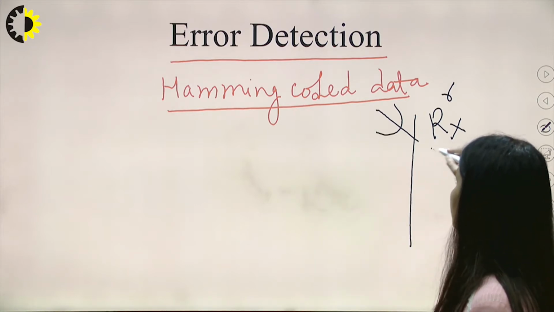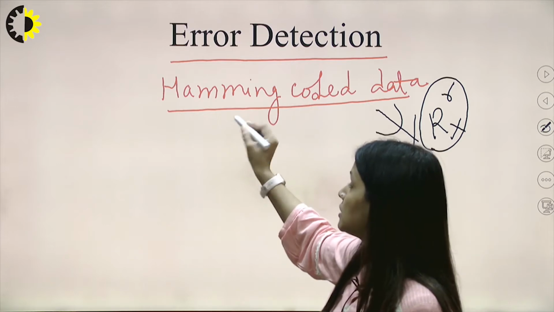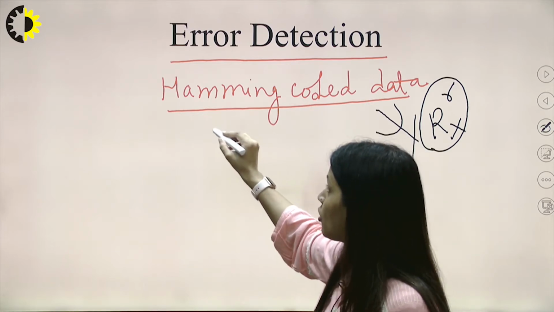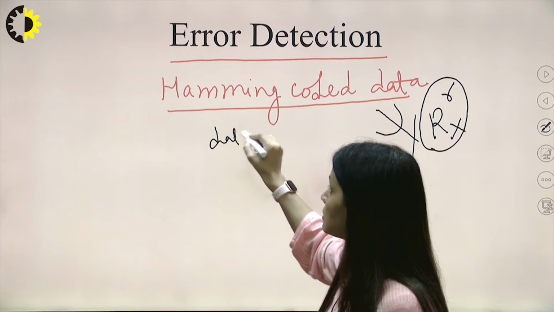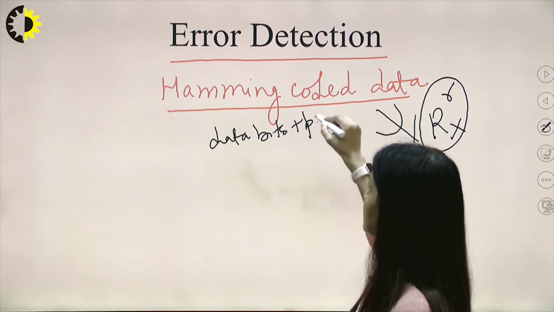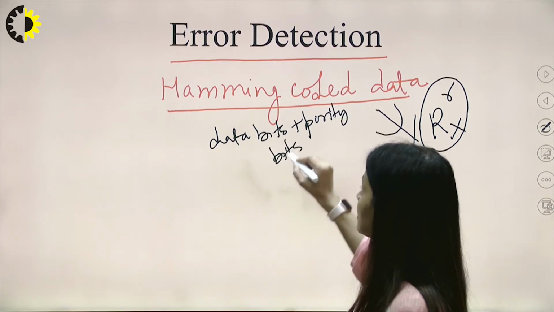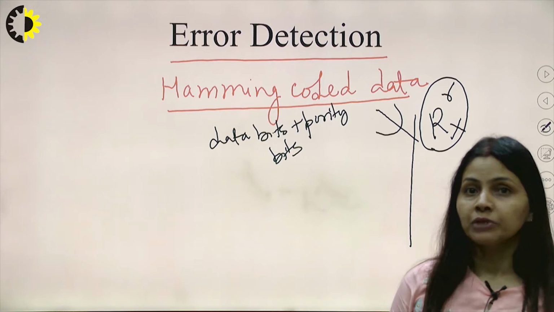This receiver will receive the data, which is the combination of data bits plus parity bits. There are two possibilities.